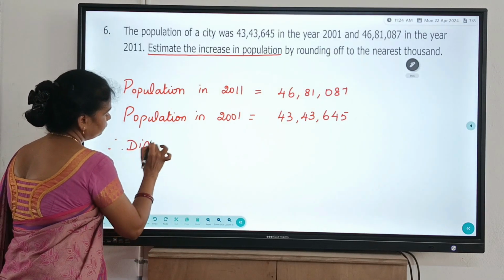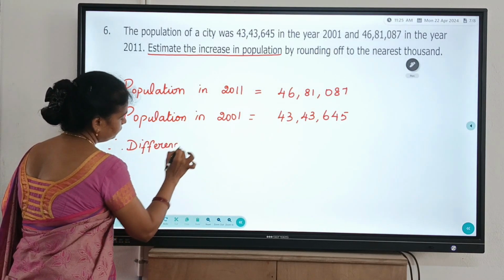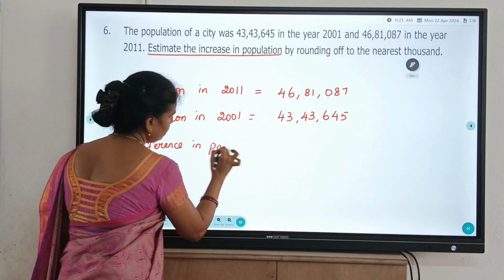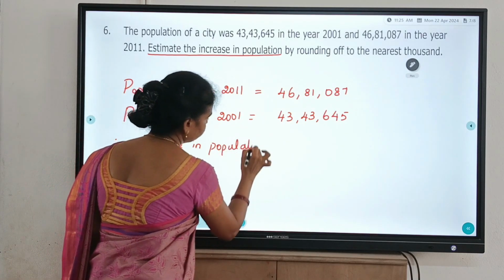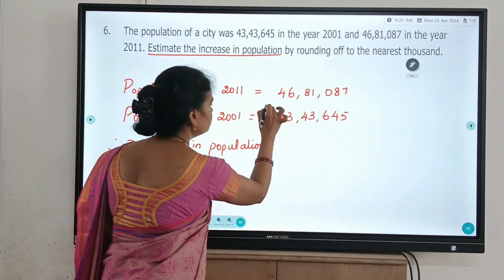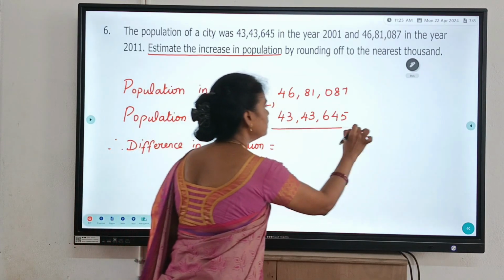Therefore, difference in population is equal to. So difference means you have to subtract.